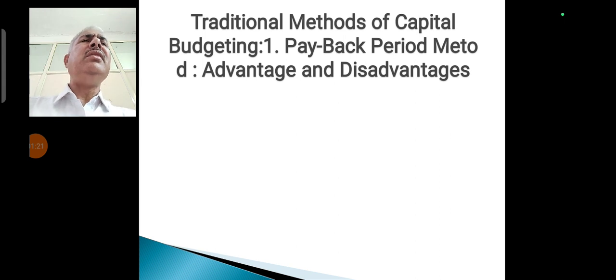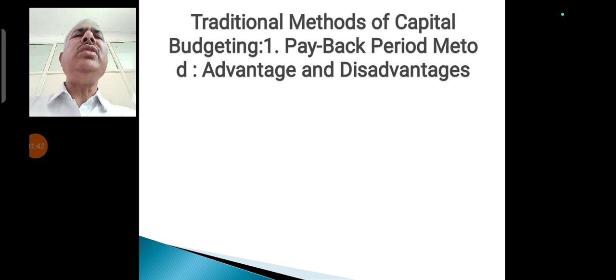Under this method, various investments are ranked according to the length of their payback period, in which the investment with a shorter payback period is preferred to the one which has a longer payback period.